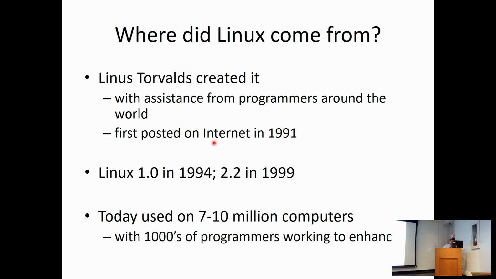And so he actually developed a program called Minix, or I guess somebody else had developed Minix, and Torvalds took Minix and developed it into Linux, which is sort of the starting point for what we have today.